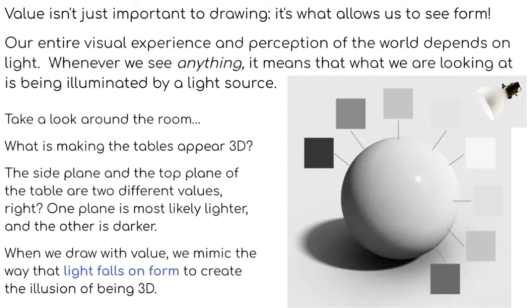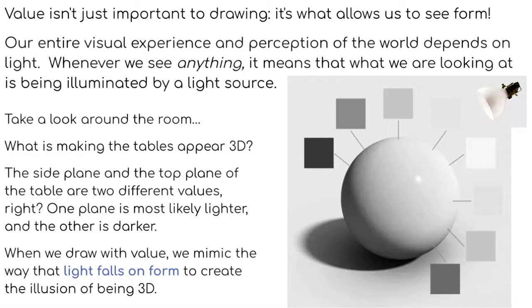Okay, what I want you to do is look around the room right now, and specifically look at our black desks that we're working on. Yes, the top of that desk is completely black, but when we have that light on, there's going to be kind of 3 different values. There's going to be the highlight, those lighter areas that are bouncing off the top of the table.